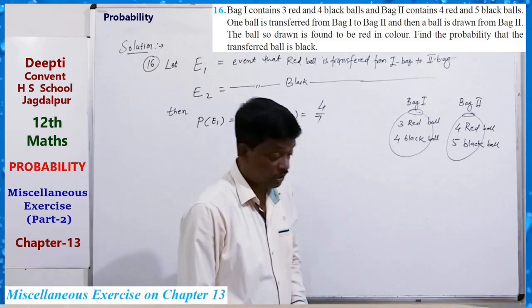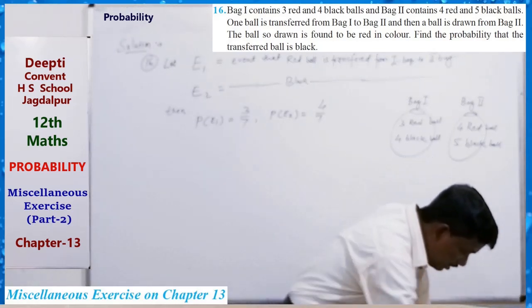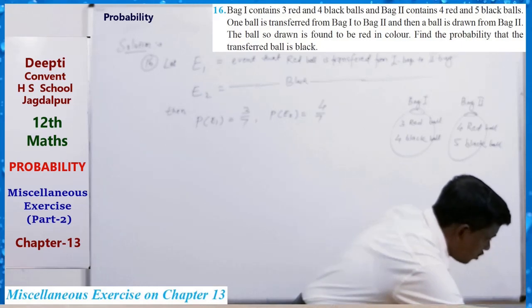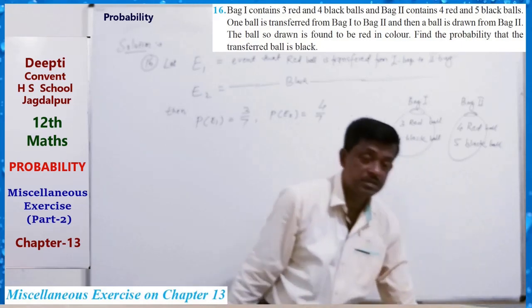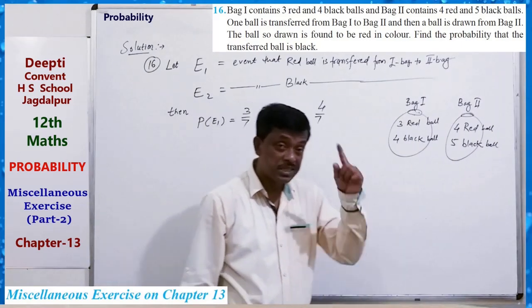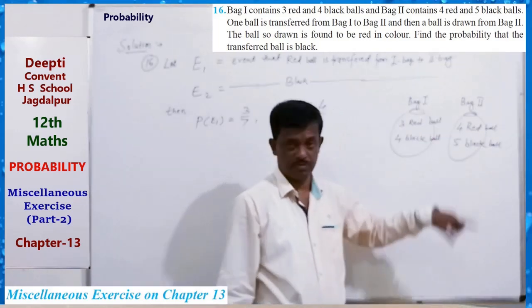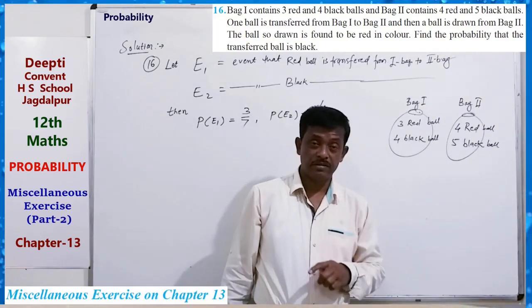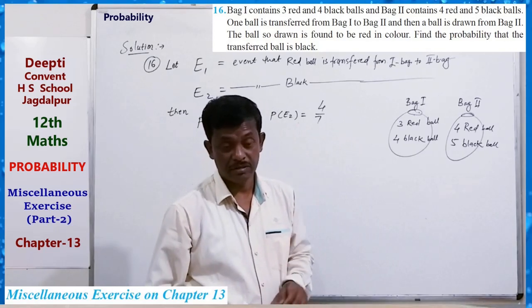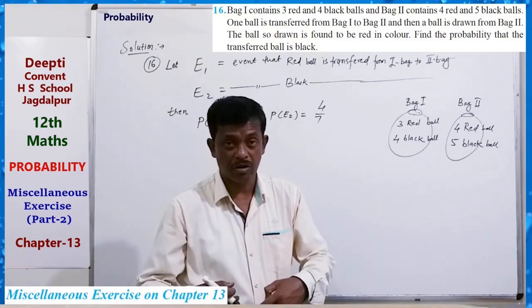Now, what is the probability we have to find? A single ball is drawn from the second bag after transferring, and the ball drawn is red.